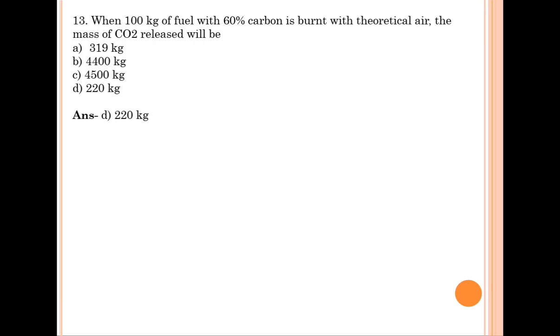So 12 kg of carbon will give 44 kg of carbon dioxide, so 1 kg will give 3.67 kg of carbon dioxide. So 0.6 will give 3.67 multiplied by 0.6, and the fuel is 100 kg, so we multiply 3.67 by 0.6 and again by 100. The answer will be 220 kg.